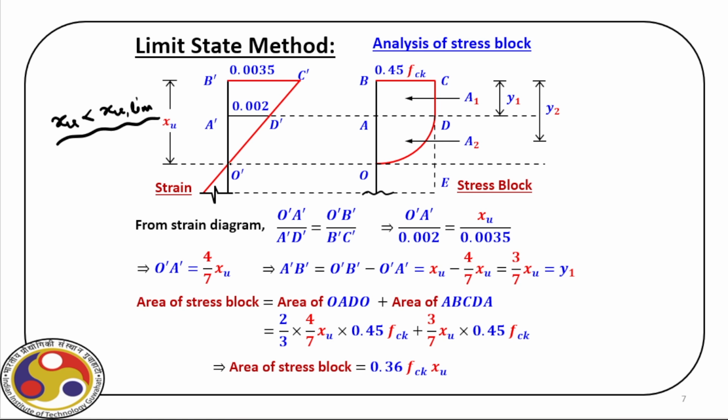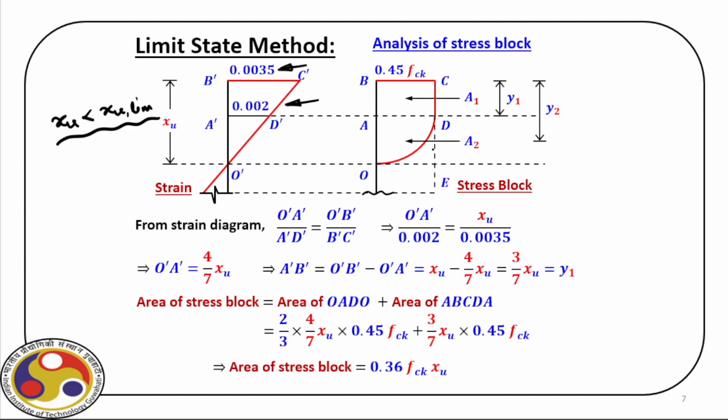Again, let us first focus on the compression side. We have the extreme fiber of concrete, which is shown here, B prime, C prime, with strain 0.0035, and then we also have the point of yielding, which is 0.002. If you recall, these are the two main strain values we always mentioned when we talked about stress versus strain.